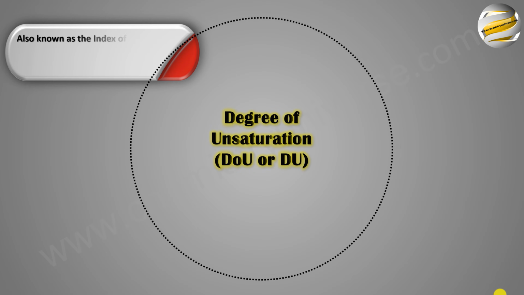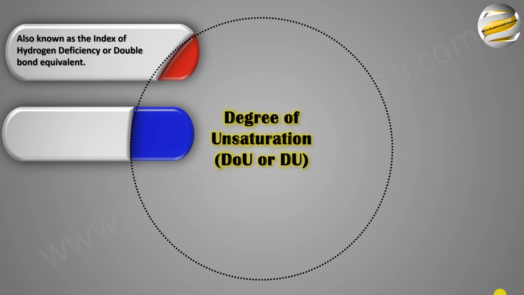Also known as index of hydrogen deficiency or double bond equivalent. It is the number of hydrogen molecules required to convert a compound into a saturated open chain compound. Now this is a very, very important definition.